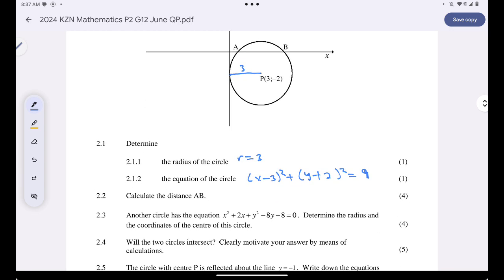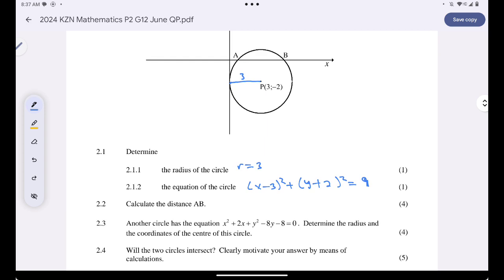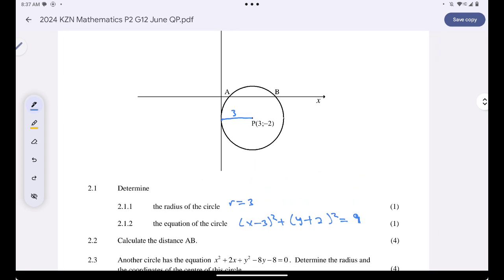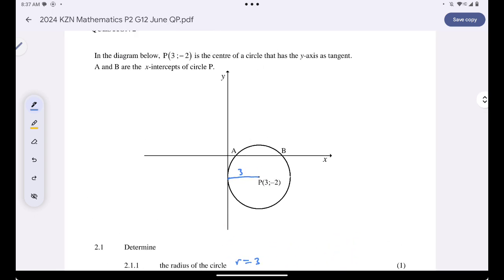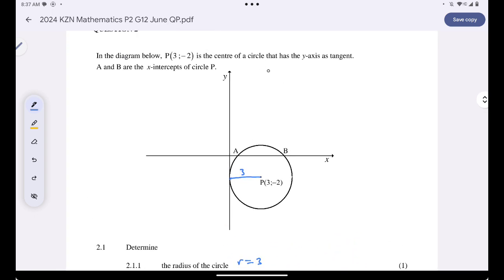Calculate the distance of AB. For me to find AB, I must find the x-intercept together. So how can I find the x-intercepts? I know that the equation is x minus 3 squared plus y plus 2 squared is equal to 9. Now, for the x-intercept, y is 0.